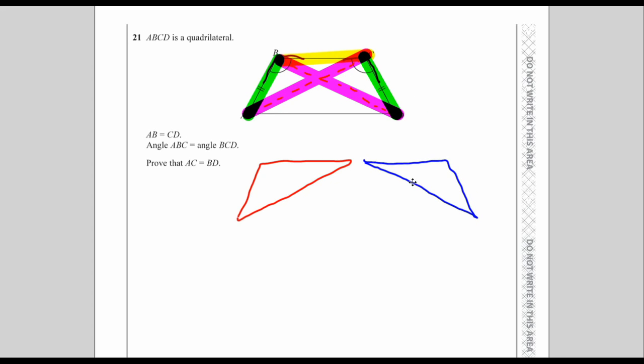So this guy here, let's take him out, and also this guy here. So if we manage to prove these two triangles are the same, then these two lengths are also the same. So that's what we're going to think about.